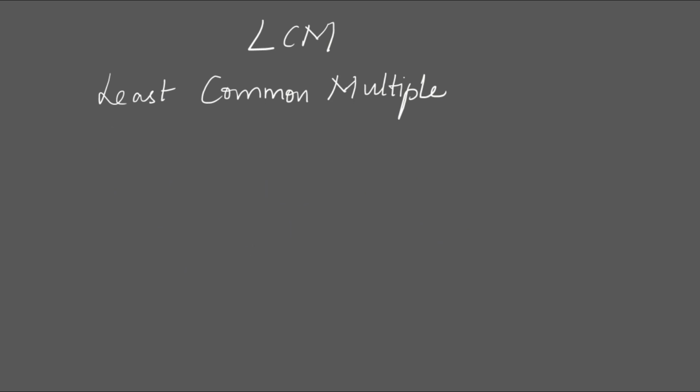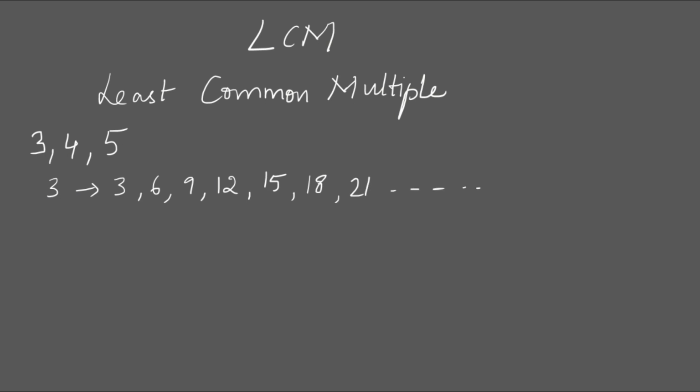Now we'll take three numbers and we'll try to find out the LCM of 3, 4 and 5. What are the multiples of 3? 3, 6, 9, 12, 15, 18, 21, so on.